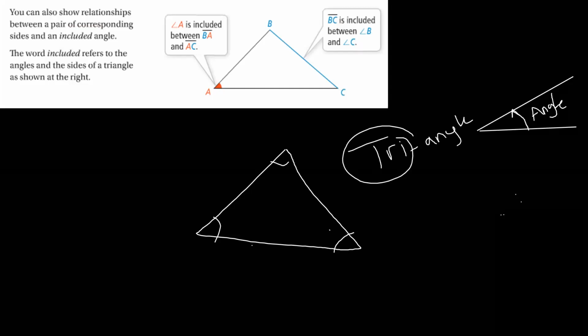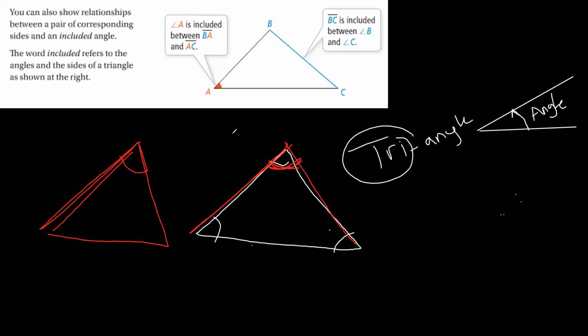It tells me that if you can say that this side and also this side are congruent to the other sides in the other triangle, and also the included angle, meaning the angle between these two sides, is congruent to the angle between the other two sides, I will say that these two triangles are congruent.